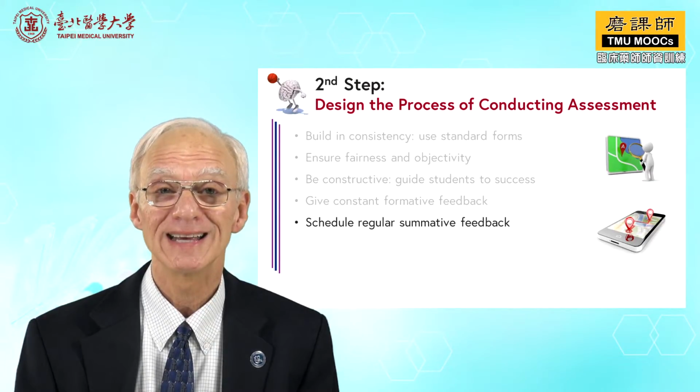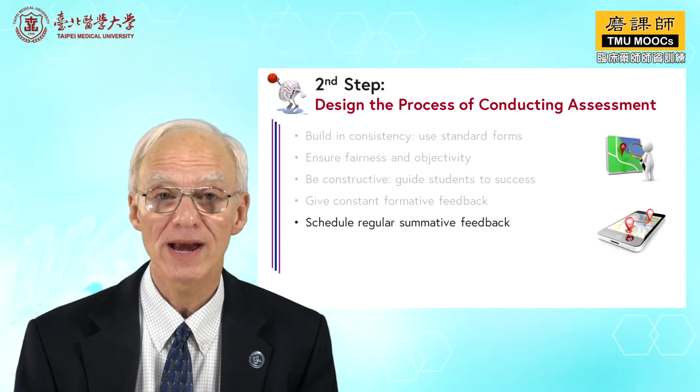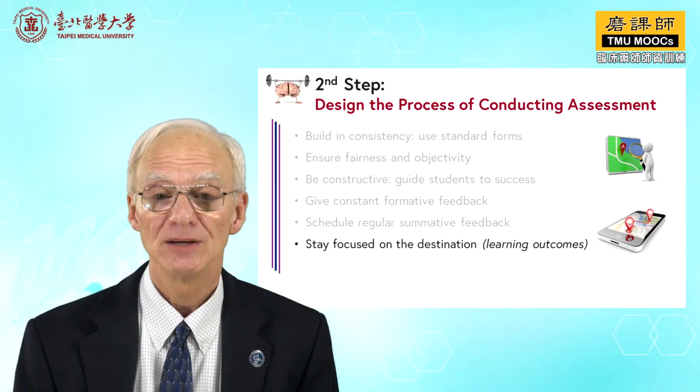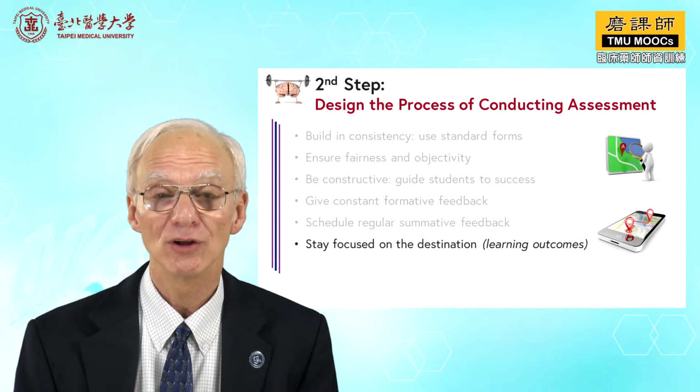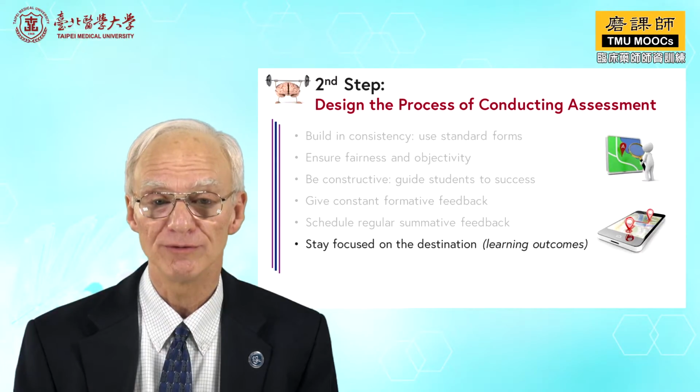And then certainly at the end of the rotation to explain to the student how his or her grade was determined. It's important to stay focused on the destination. That assessment is always heavily focused on the learning outcomes, on the destination that we want the students to achieve.